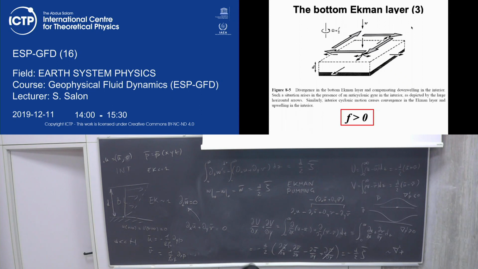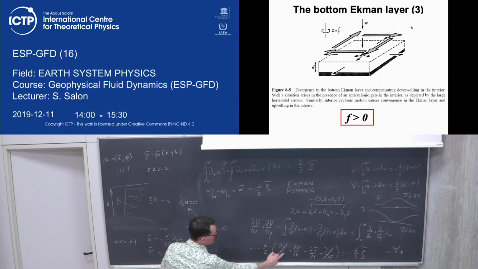Okay, so we can compute the Ekman layer. I won't say too much about that, but just as a curiosity. Where do you substitute this one to get the Laplacian? Here.